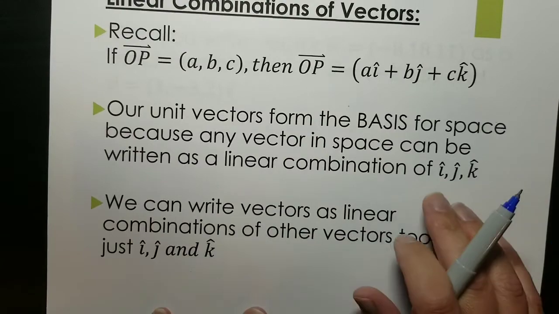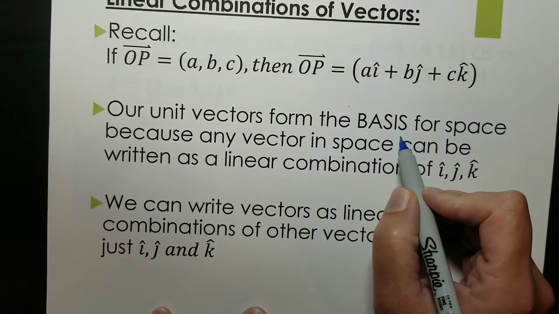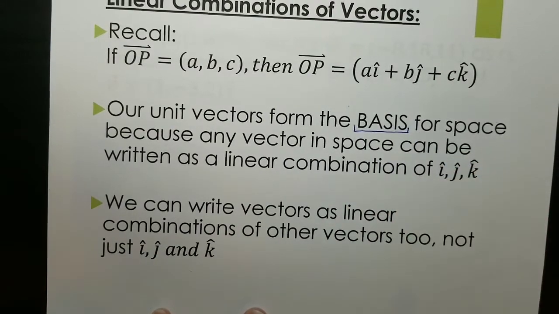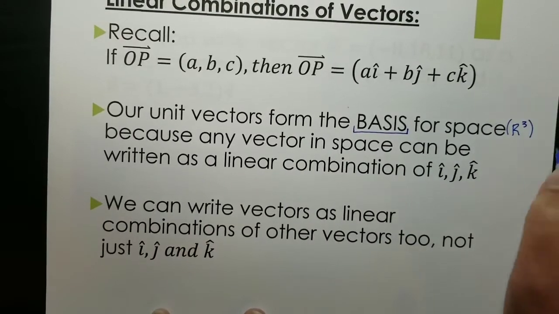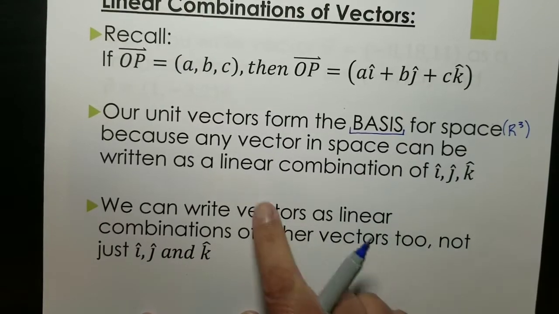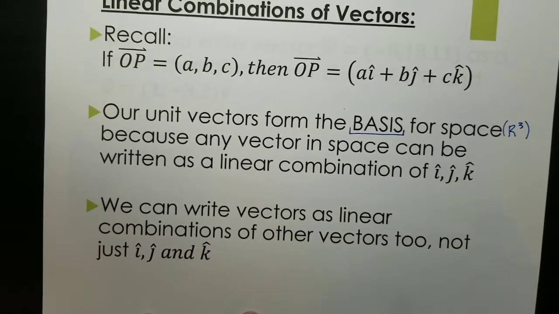So what it means to have linear combinations of these form a basis for R3, 3-dimensional space, is that any vector in that space can be written as a linear combination of i, j, and k hat.